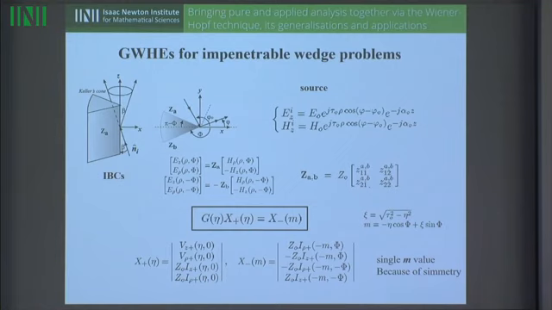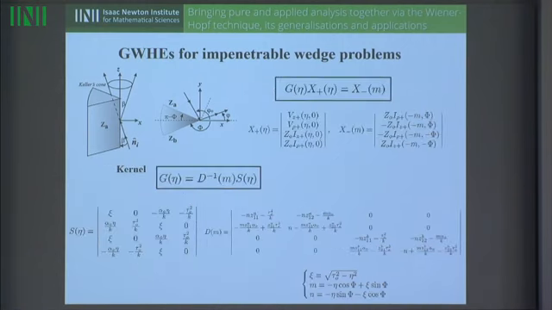Okay, you don't see v rho plus and v z plus evaluated in phi and minus phi here because of the boundary condition. We have substituted and eliminated them. So we have this equation. This is a generalized Wiener Hopf equation because the plus unknown is defined in eta, the minus unknown is defined in m, and we have this component for the plus functions and for the minus functions.